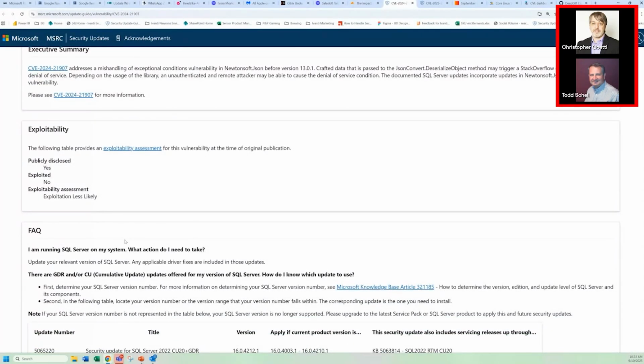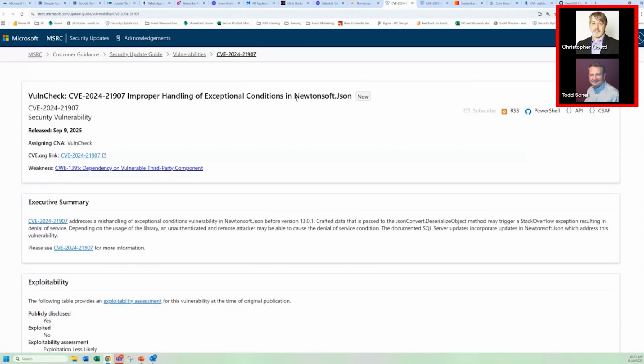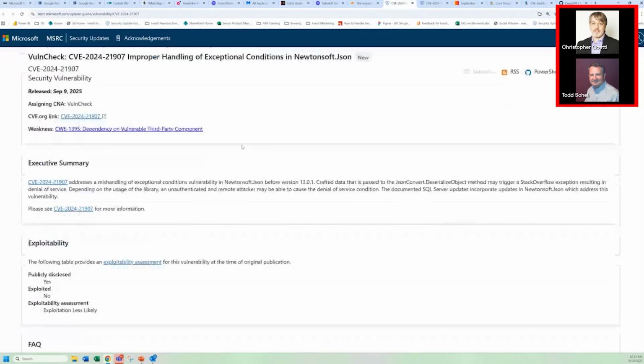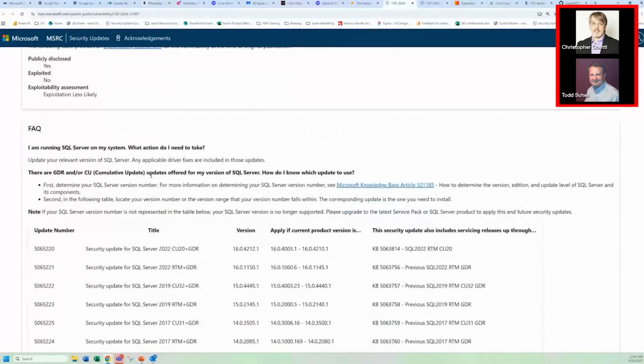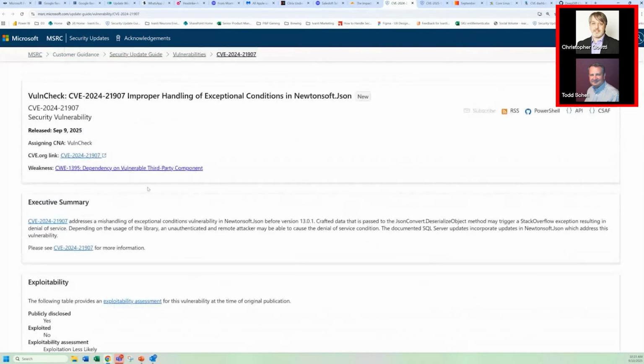In Microsoft terms, Newtonsoft.Json is the module, but SQL Server is the application on the Microsoft side you need to update for that. You'll notice that the CVE actually is from 2024, but Microsoft is resolving it in SQL Server for the first time here. This is not a re-release.